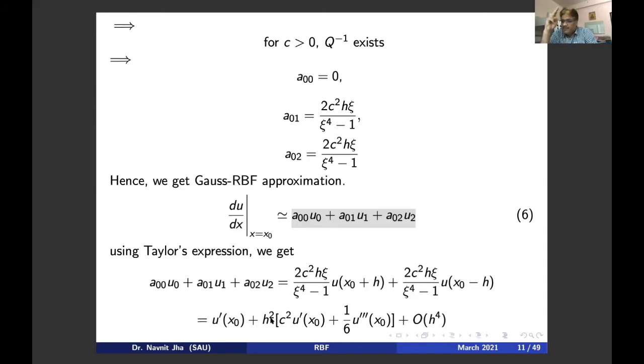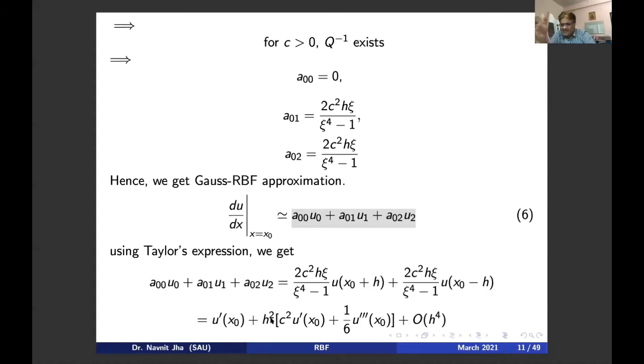Next, the second derivative, acceleration. For acceleration you need at least 3 points, then only you can compare the first 2 points and the second 2 points. The formula known to us is d2u by dx square equal to limit h goes to 0 of u of x plus h minus 2u of x plus u of x minus h, divided by h square.